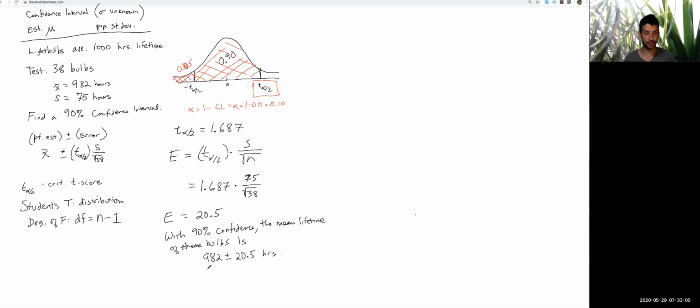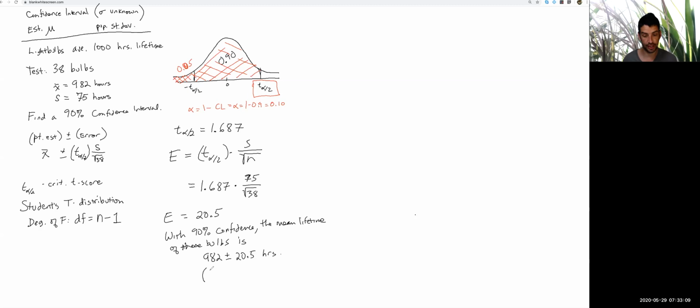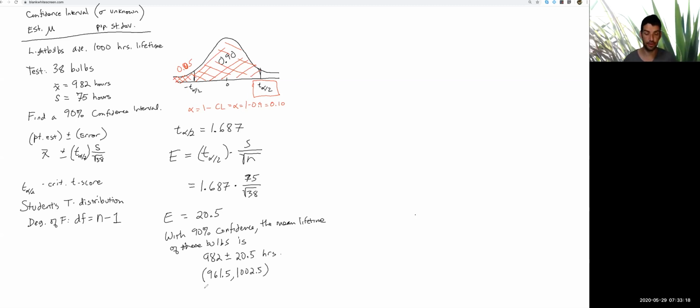I could use interval notation. If I take 982 minus 20.5, I get 961.5. And then if I add it, I get 1002.5, right? Saying that the mean is between these two numbers, or I could even write it as an inequality.